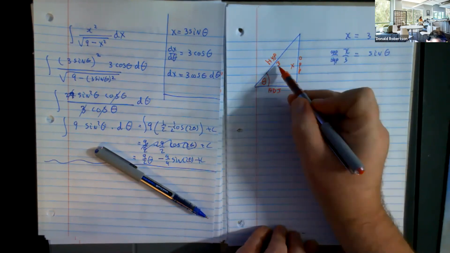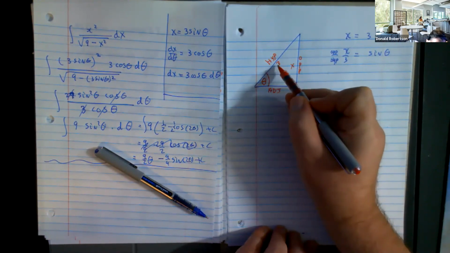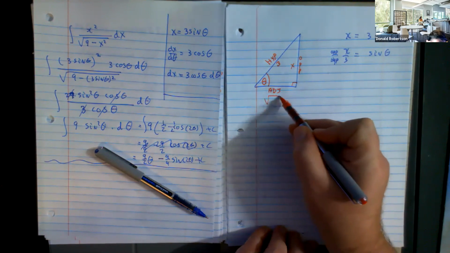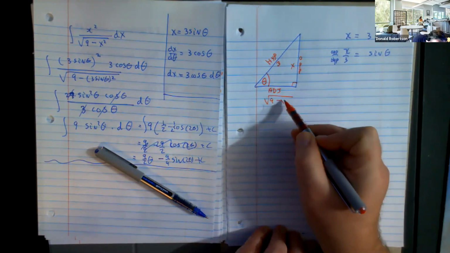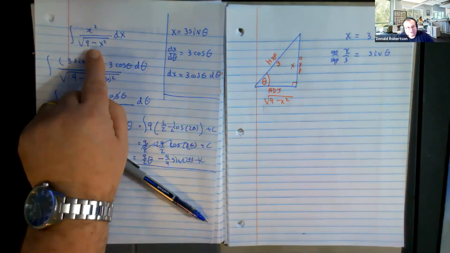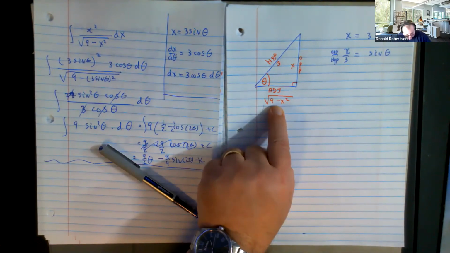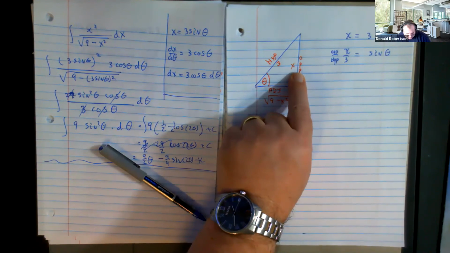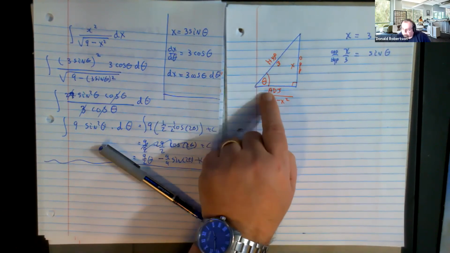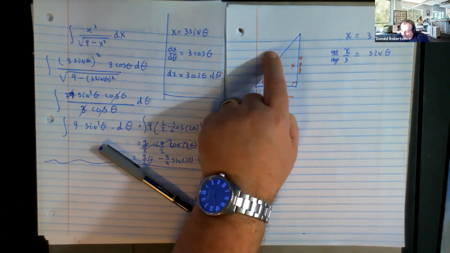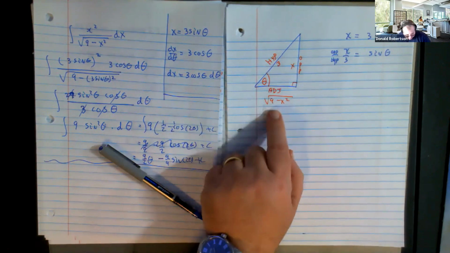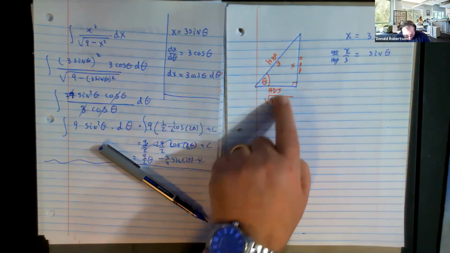According to Pythagoras then, this is that guy squared, take away that guy inside the square root. Good news, matches. Opposite x, hypotenuse 3, third side, big guy squared, take away little guy squared. 9, take away x squared.